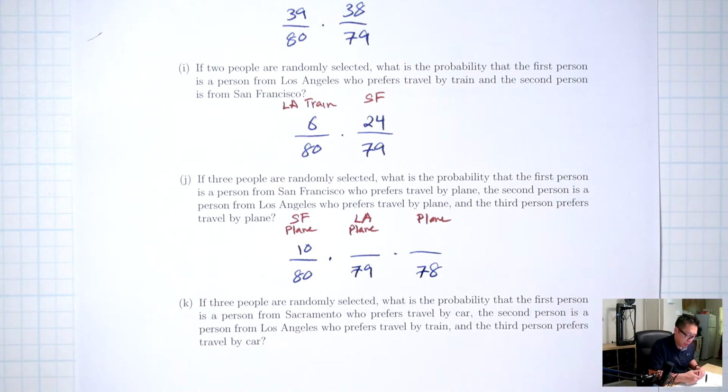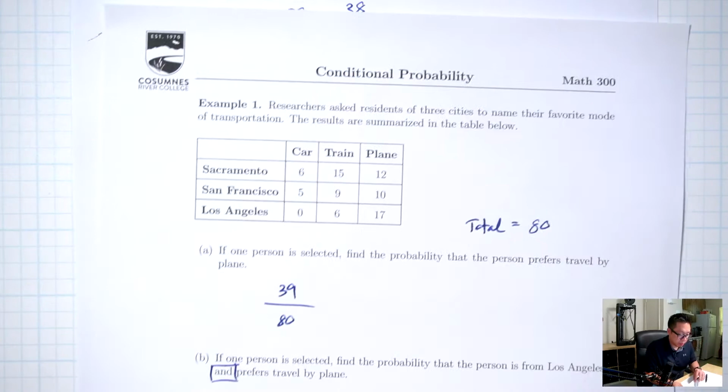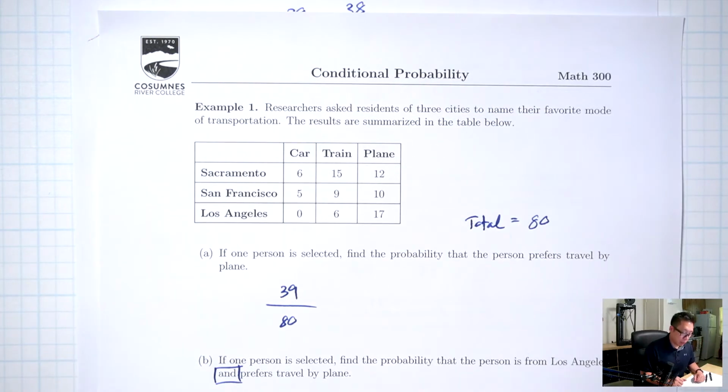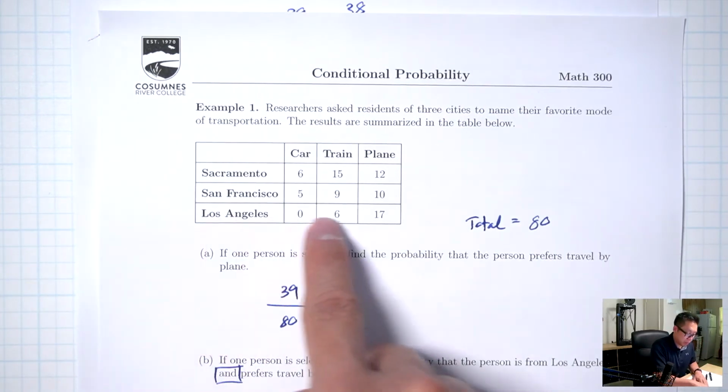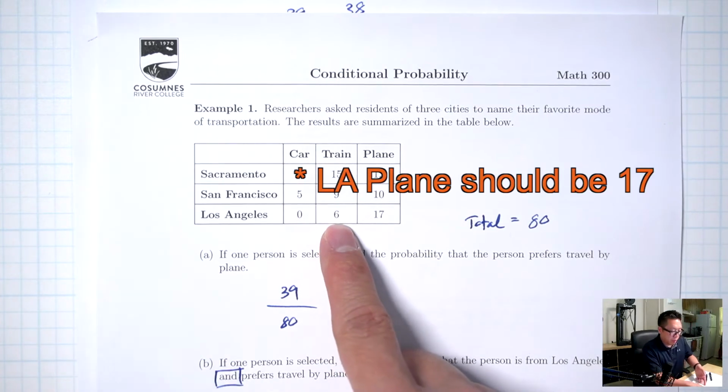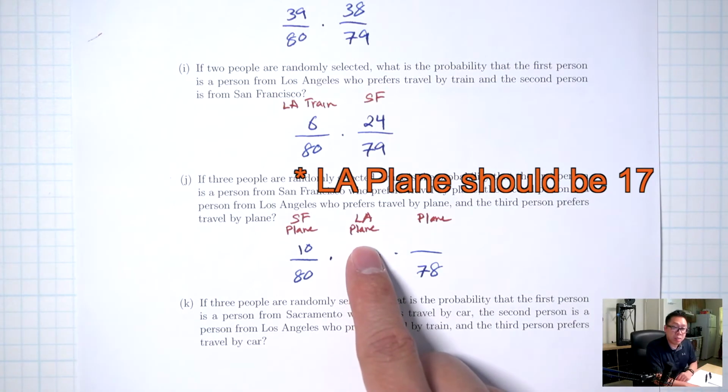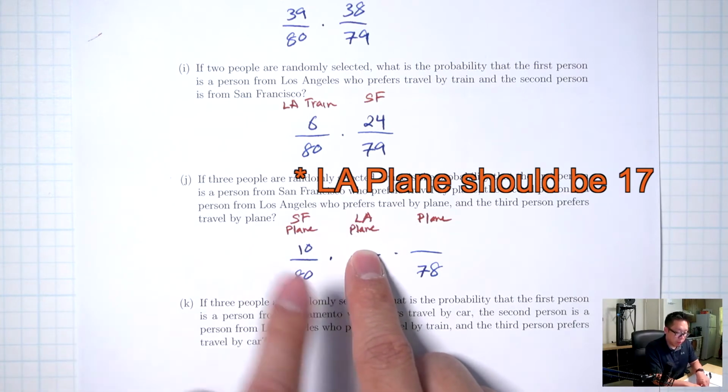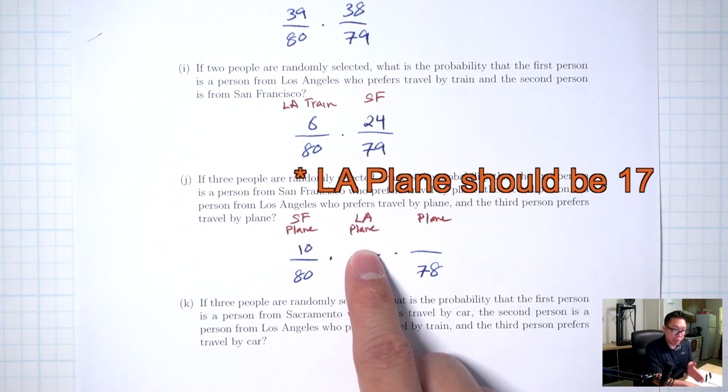The second fraction here, I want LA plane. So LA plane would be 6. Now the question is, is it 6 or do I have to reduce by 1? So LA plane, if we look back to the first slot, did I use LA plane yet?